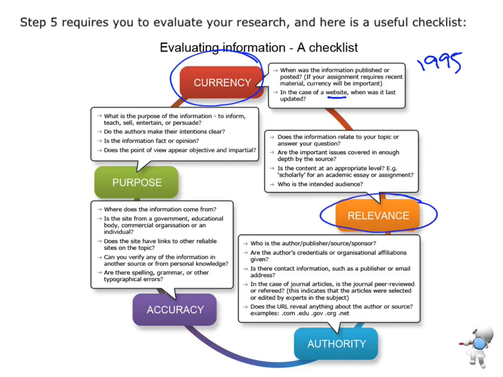Another thing we want to look for is the relevance. Does that information we've got, is that relevant to your topic? Or does it help you answer your question in any way? Are the issues covered in depth by the source? All right, or is it just very surface level stuff? So is the content at an appropriate level? So if we're talking about an academic kind of essay or assessment, is it scholarly enough?